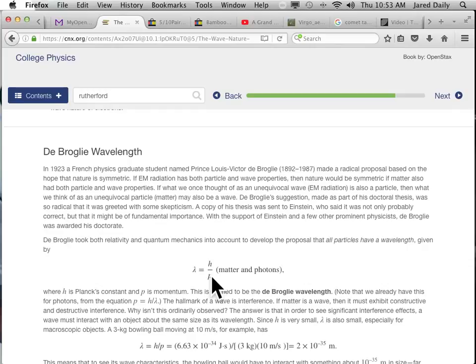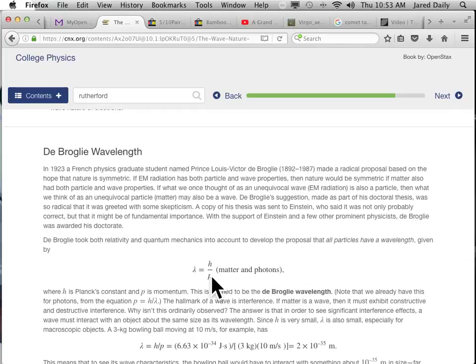Remember, we can't tell where a proton is. We had to do that indirect experiment where we fired things at it, but we can't actually see it. You can't actually determine exactly where a proton is. You can only determine it within a certain probability.